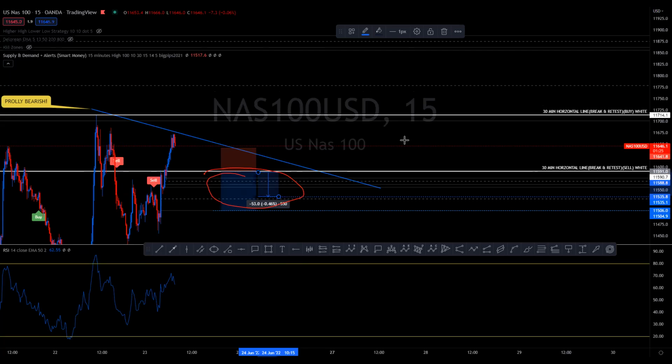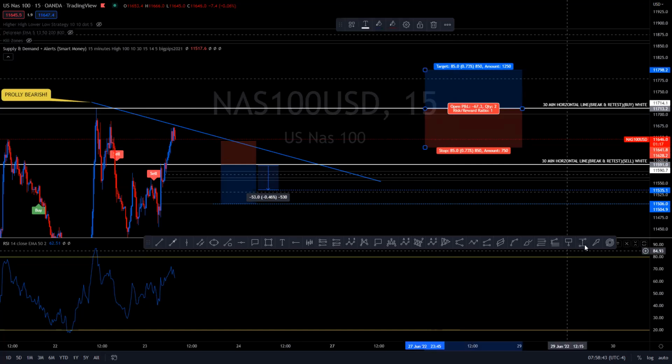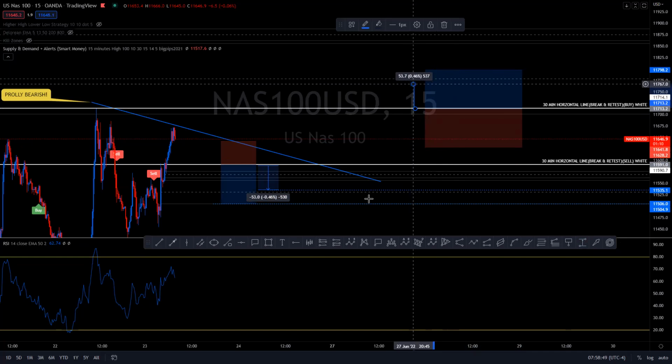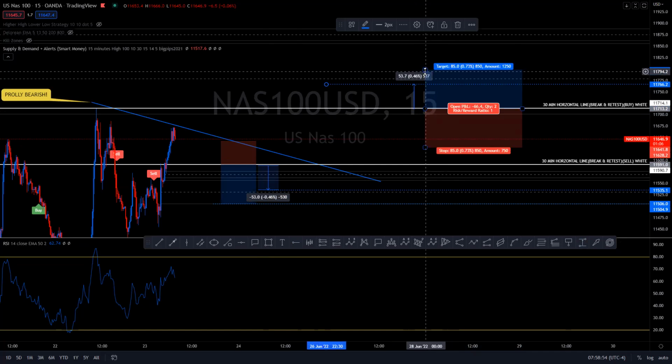Now, if price decides to buy up, we want to get at least a risk to reward of 1. We want to get at least 500 pips worth of NAS. So this is going to go up to here.